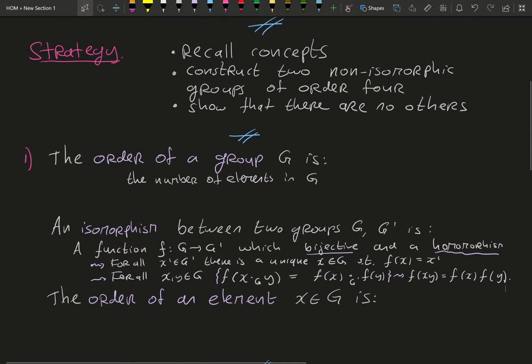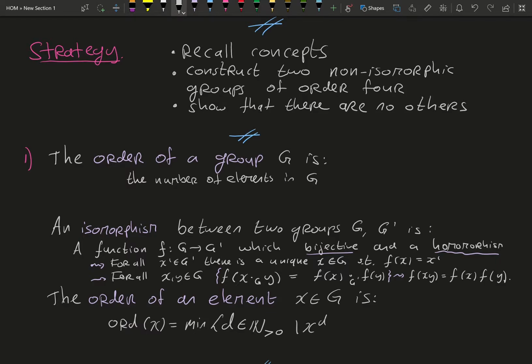And finally, we need the order of an element. We're going to use that concept in the proof of our statement. So the order of an element x in G is going to be the smallest number d in the natural numbers bigger than 0, such that x to the d is 1, that is e.